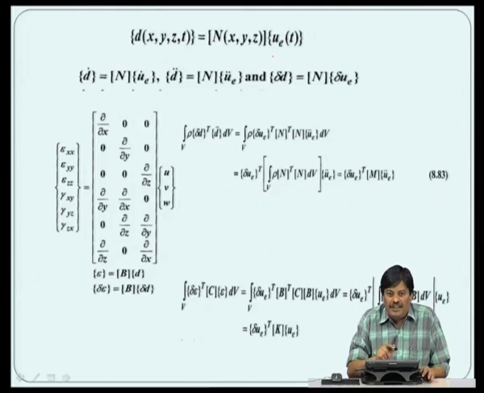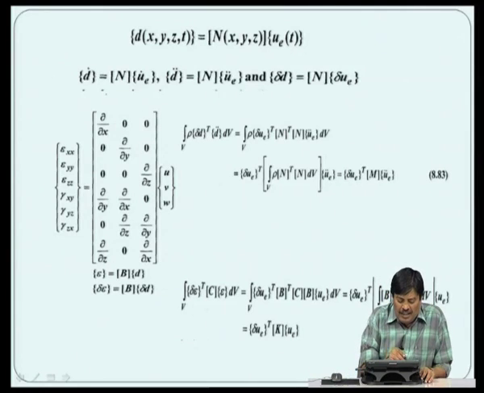For the sake of convenience, u e means e is the elemental vector, whereas u is the global vector. So, now d is n into u e, where n is only spatially dependent. So, the time dependence comes from the displacement, and d double dot is essentially n into u e double dot, and delta d is equal to n into delta u e.